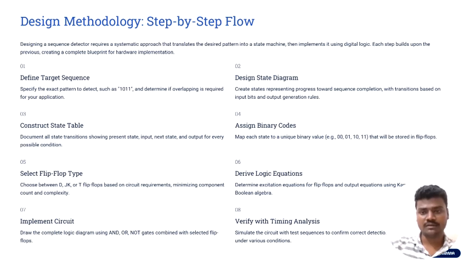Each step builds on the previous, creating a complete blueprint for hardware implementation. First, define the target sequence, specifying the exact pattern to detect such as 1011, and determine if overlap is required for your application. Then design the state diagram, creating states and processes toward the sequence completion with transitions based on input bits and output generation rules.